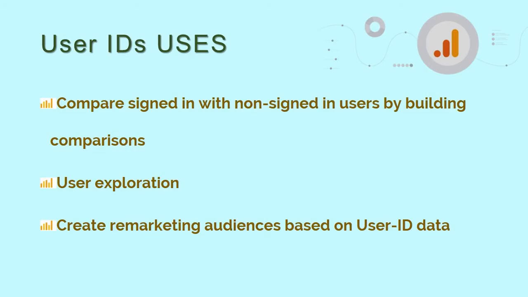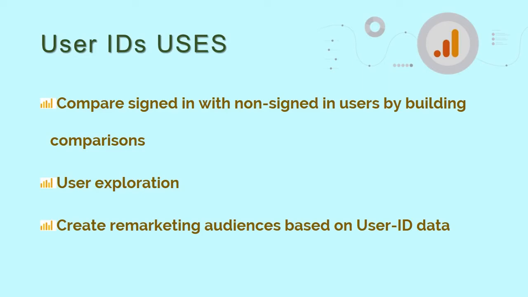You can use user IDs to build a comparison between the users who have signed into your website or apps and users who haven't signed in. User IDs can be used for user exploration in existing or temporary segments to understand the behavior of users from when they were acquired to their activities on your site or app.